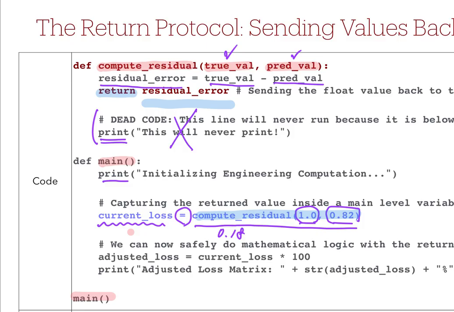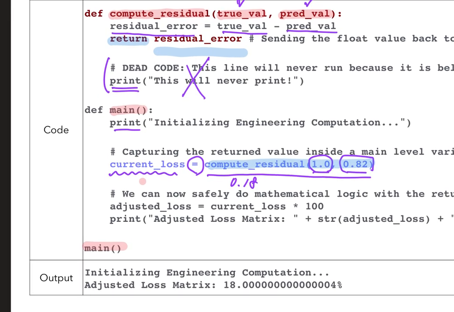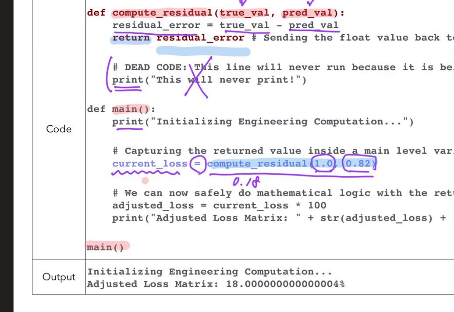Whenever you see the return statement, that's the end of the execution. So this will never print on the screen. And this current loss will be a float type variable because it receives the value 0.18.